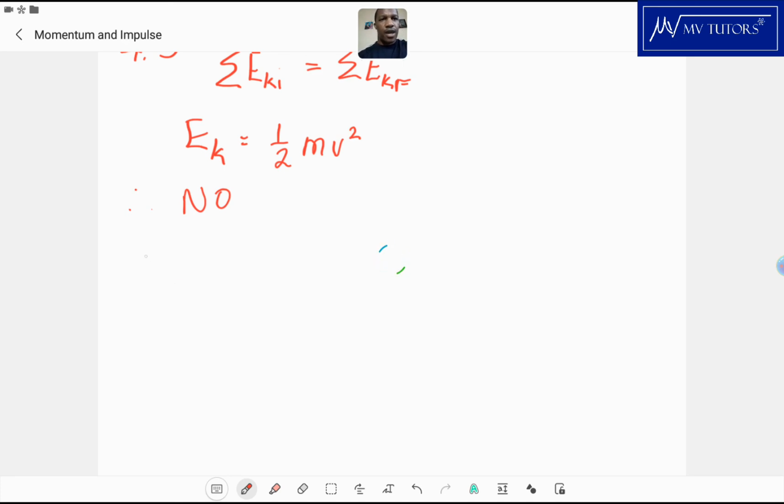When we write the formula, it will be half the mass of P and its initial velocity squared, plus half the mass of Q and its initial velocity squared. This is before.